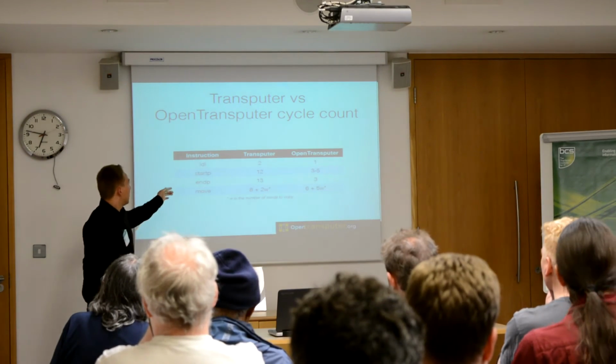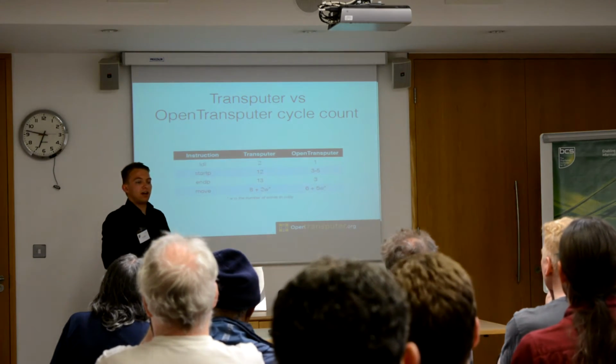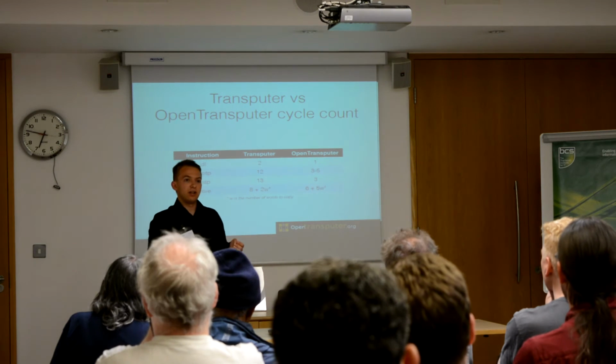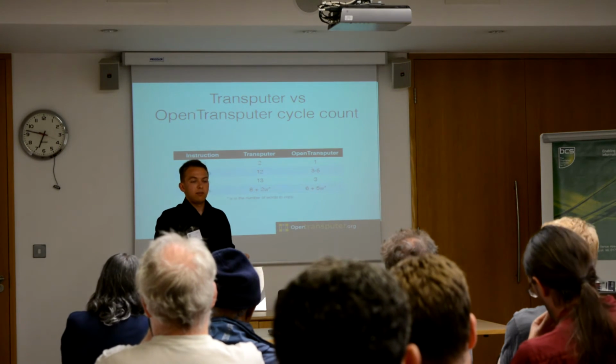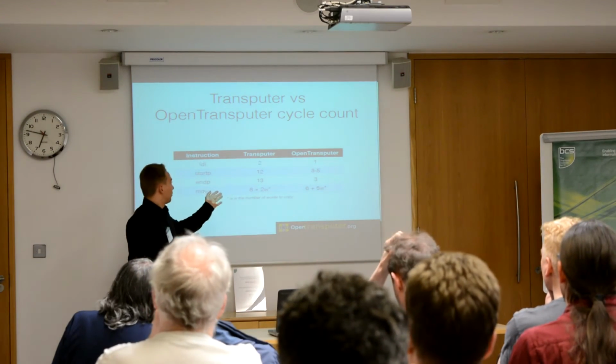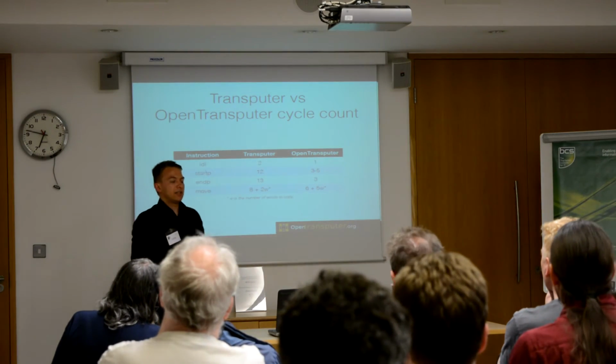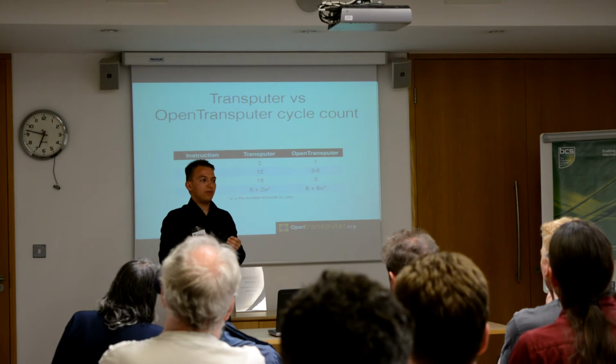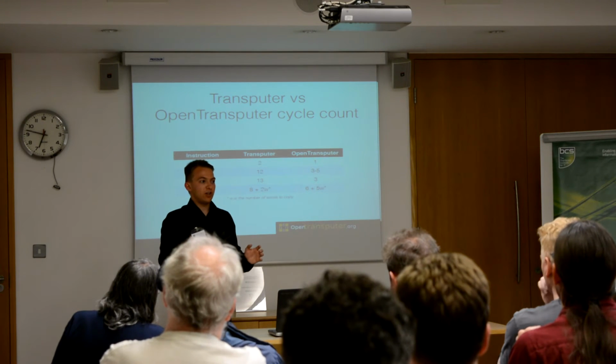The start P and end P instructions are responsible for scheduling and descheduling processes, and we can also see an improvement by a factor of 2 to 4 here. The explanation for this is that we've introduced the notion of shadow registers.